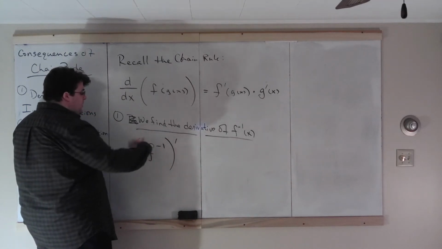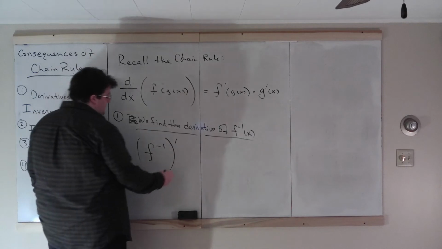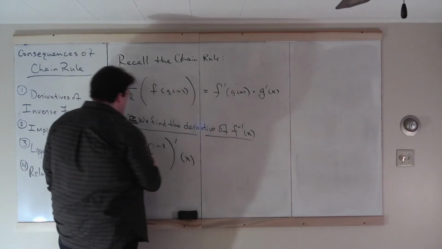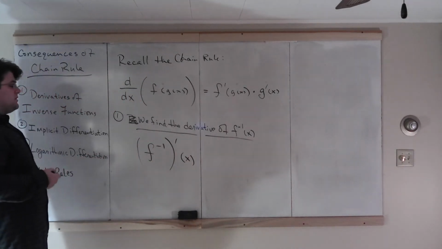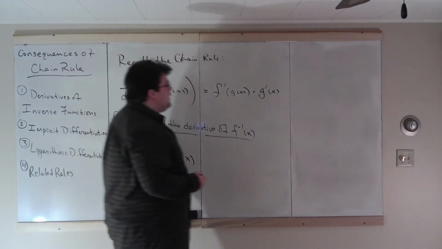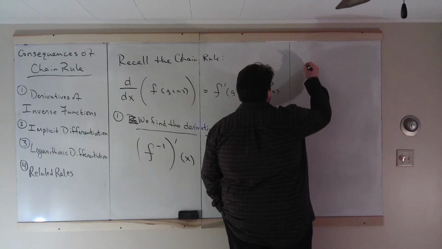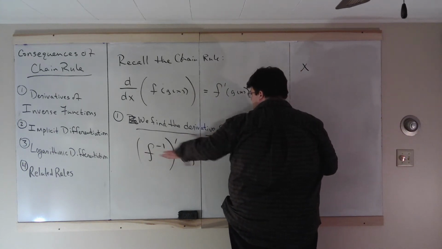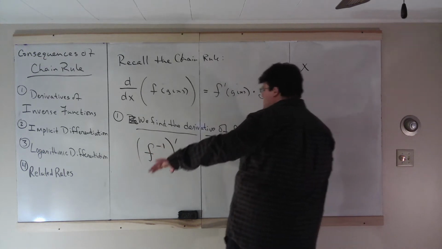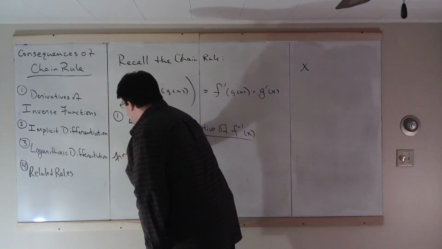To separate the inverse from the derivative, I'll say f inverse prime, like that, with parentheses, of x. It's a function of x. And how are we going to do that? Well, our goal is to find this. So we want to find this.